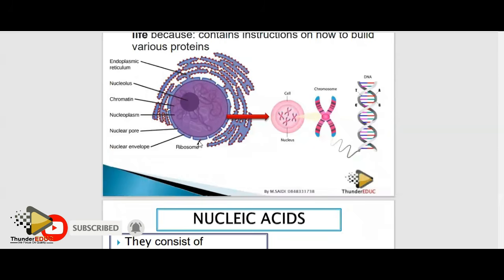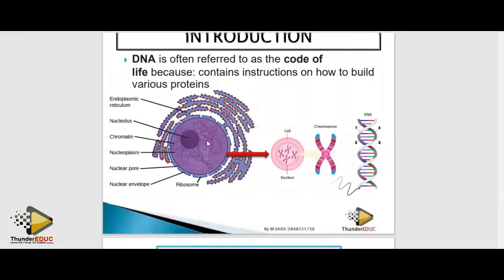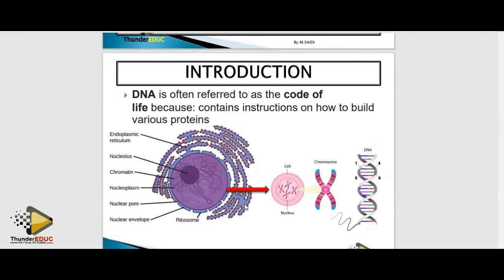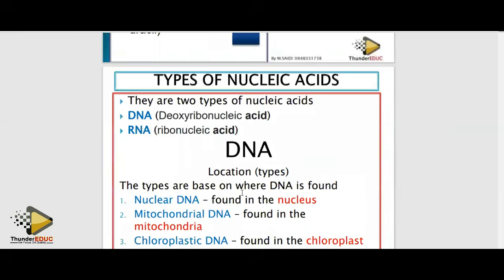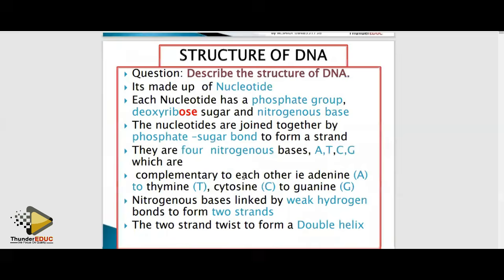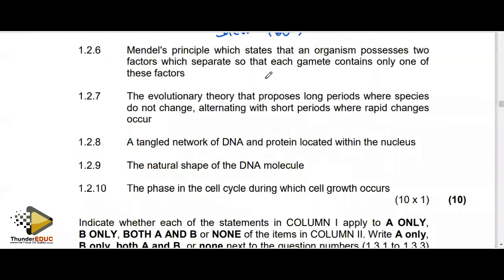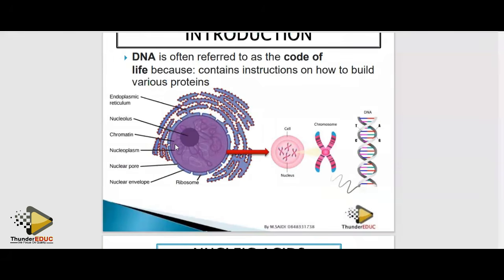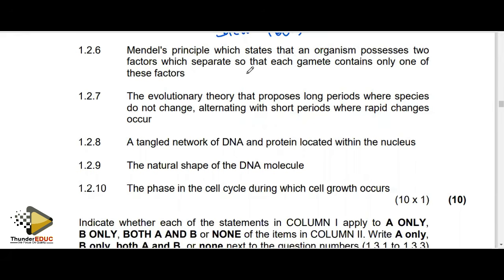These are what you call the chromatin network. So it consists of DNA and protein, and it is located in the nucleus.